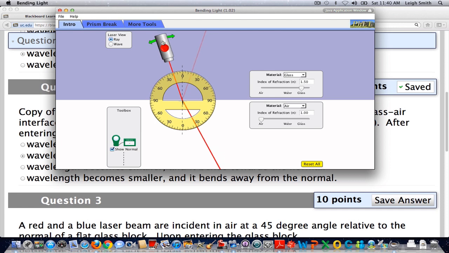So if the incident angle is 20 degrees, then the refracted angle is about 30 degrees for this glass, which has an index of refraction of 1.5. The reflected beam always comes back at the same angle. Even going from inside the glass to the air, there's always some reflected light and some transmitted light.